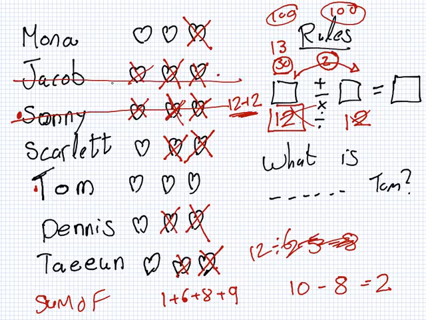Who did you ask that to, Jacob? Scarlett. Okay, Scarlett, go ahead. 100. Oh, that was easy. Go on, Mona. What is 25 into 75? Scarlett. Good.